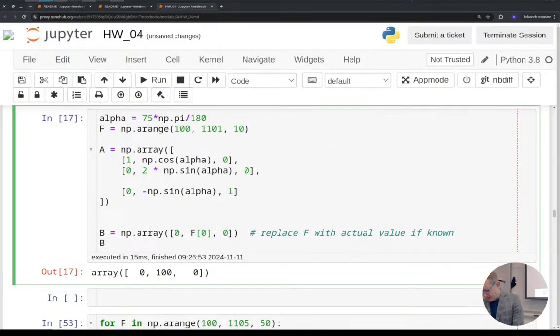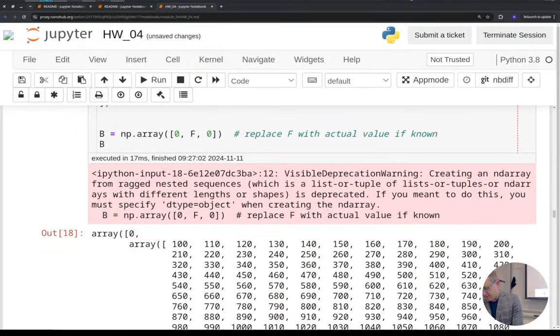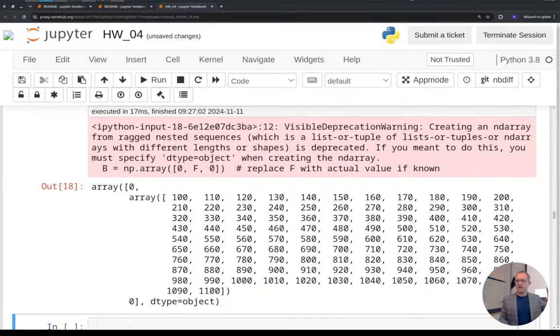So if you're getting this big pink box, take a look at what the array is that you're creating, and sometimes that helps you figure out, all right, is this what I want, or maybe I want to plug in one value of F at a time, like make a for loop or something.